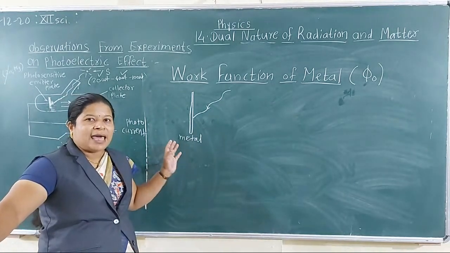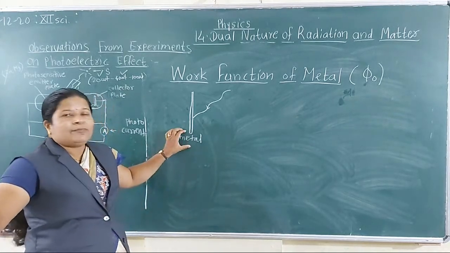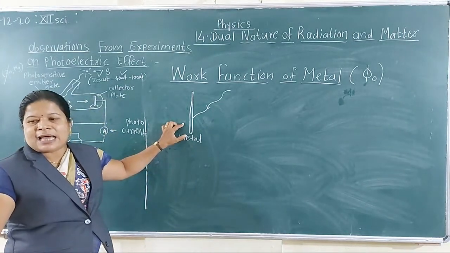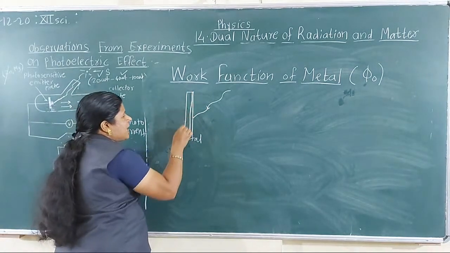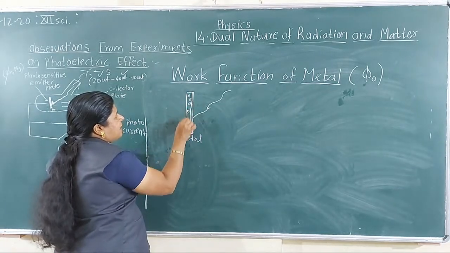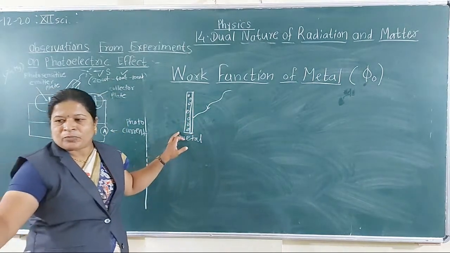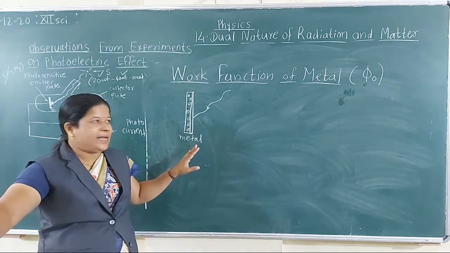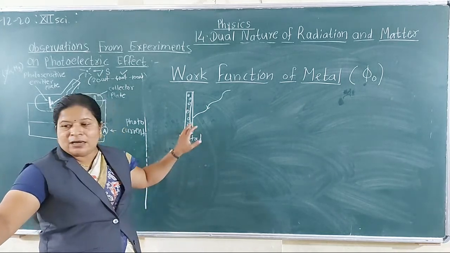Different metals have different numbers of free electrons in them. This metal has 3 electrons in it. These electrons are free to move inside the metal, but they cannot exit from the surface unless sufficient energy is supplied to them.